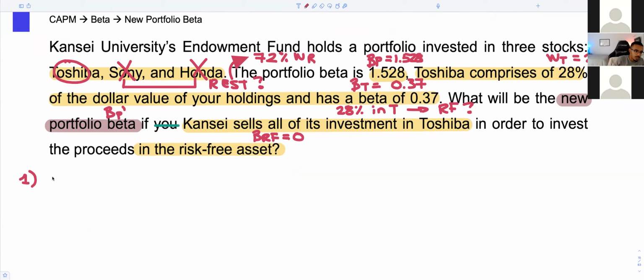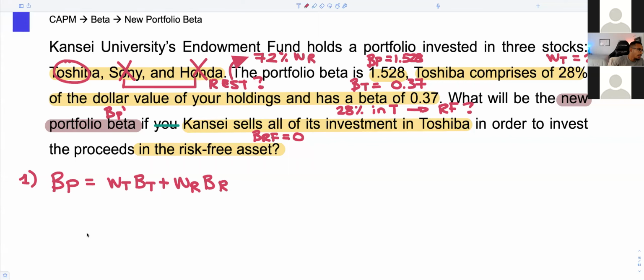What we're going to do is simple. We know that the beta of our portfolio will be equal to the weight of Toshiba times the beta of Toshiba, plus the weight of the remainder times the beta of the remainder. That's going to be the beta of our portfolio.